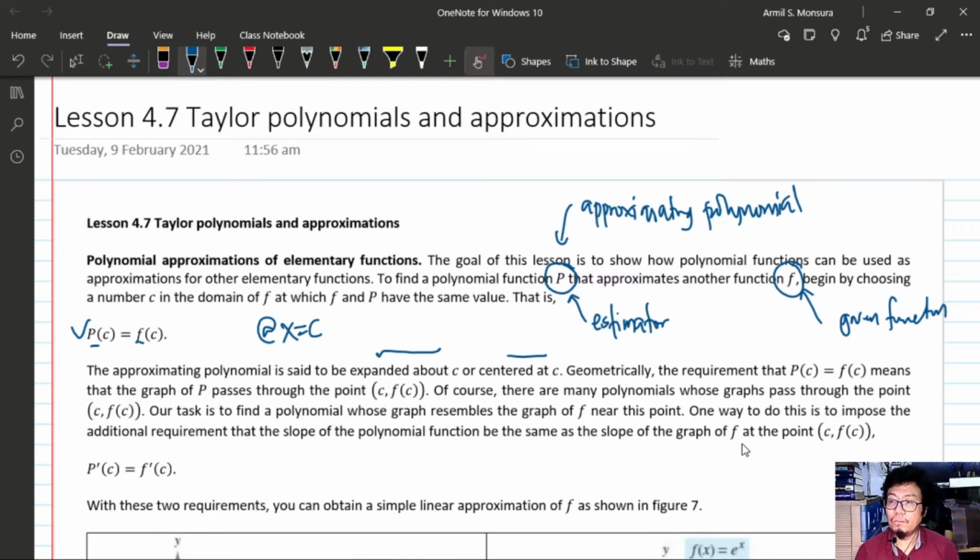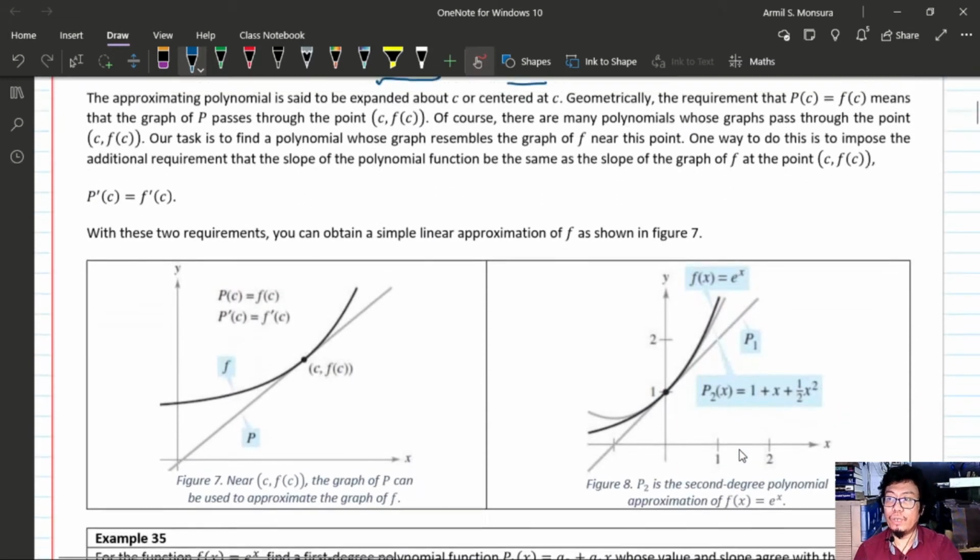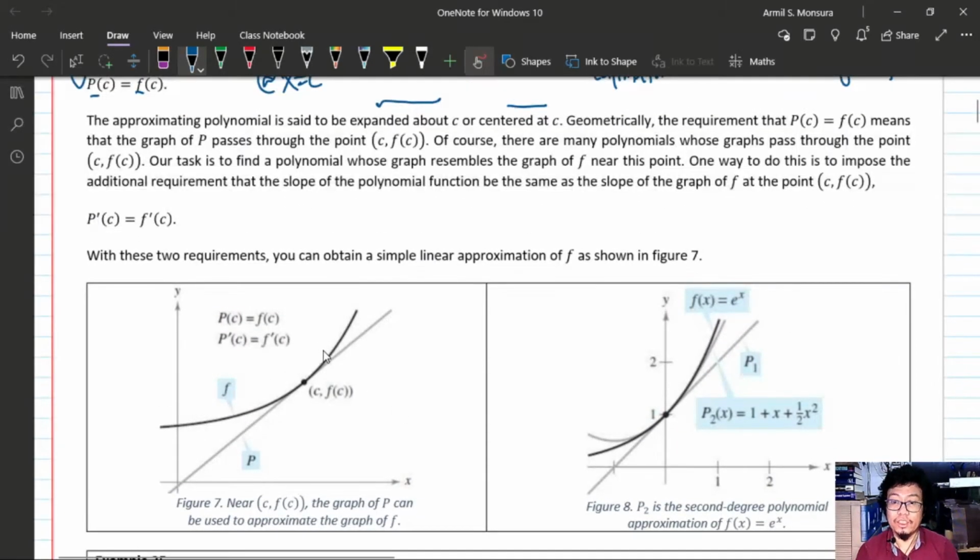We can illustrate that using this picture. Say for example, this is your F, and then this line is your P. At this point where x equals C, we would like our f of C to have the same value as P of C. That is the condition that we would like to impose on our approximating polynomial.